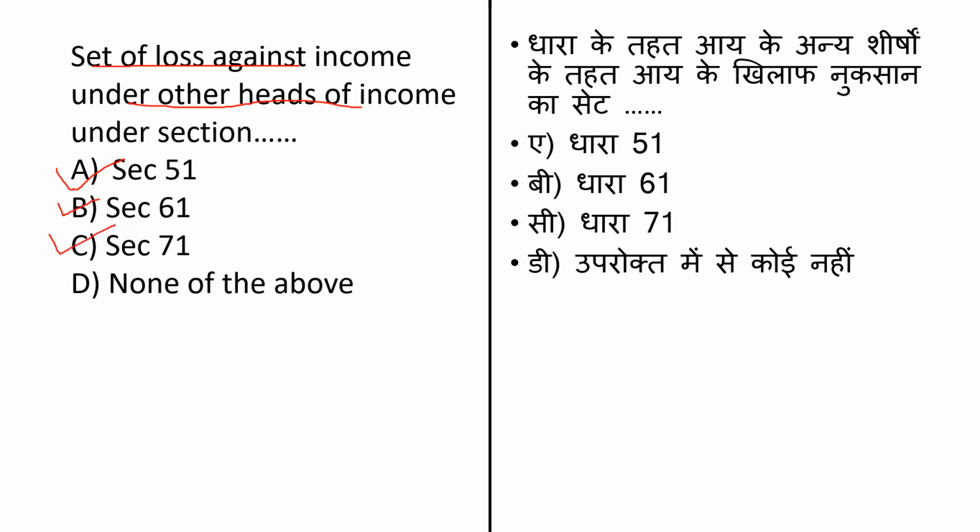Inter-head adjustment, that is section 71, means a loss under one head of income can be set off against the income from another head of income but in the same previous year. And the last option is none of the above. The correct answer here will be option number C, that is section 71.